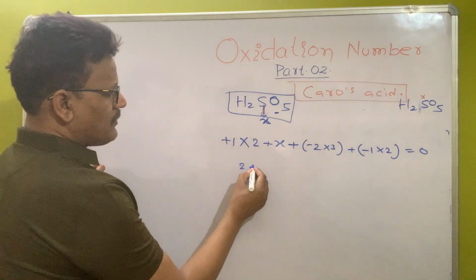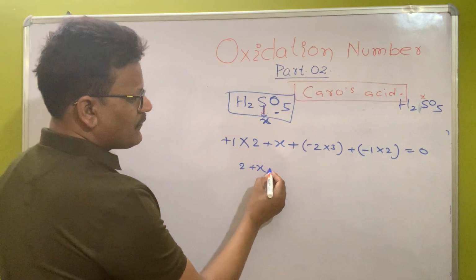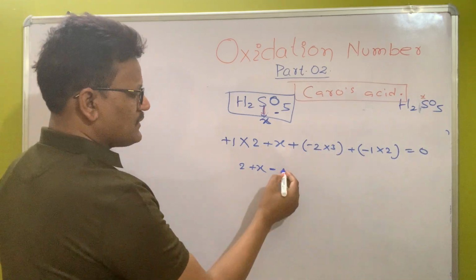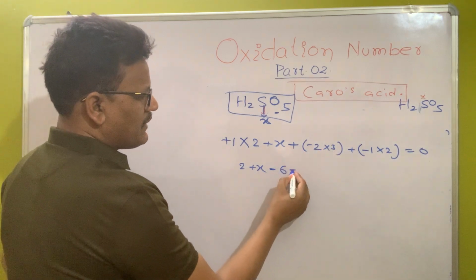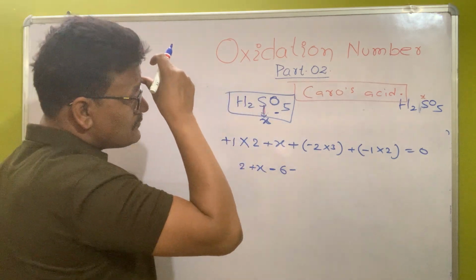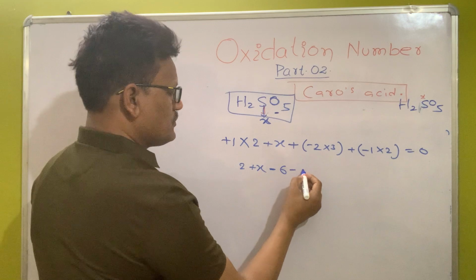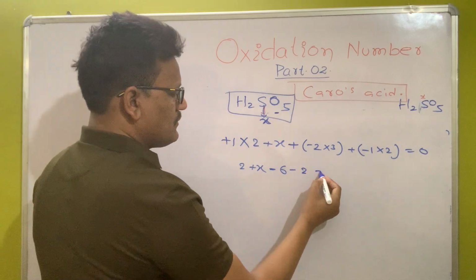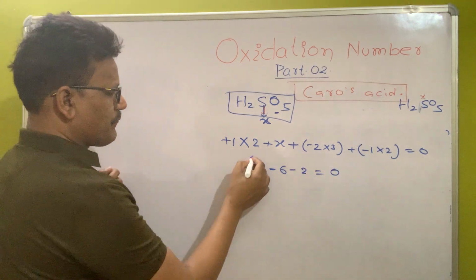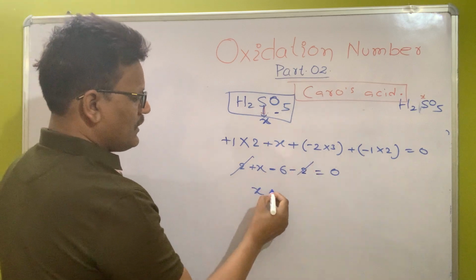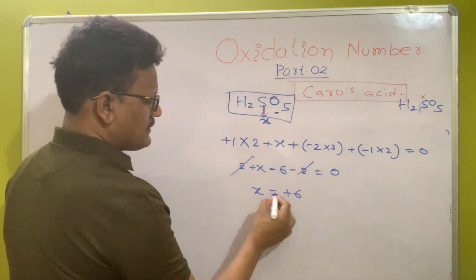So 2 plus X minus 6 minus 2 equals 0. So we have X equals +6.